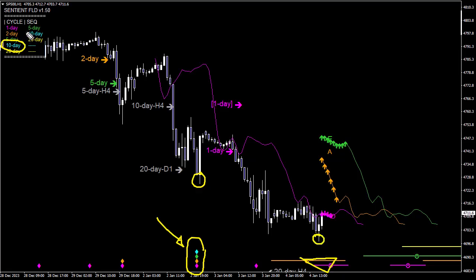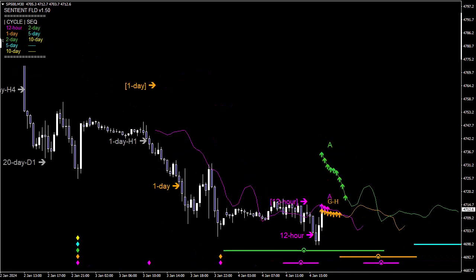That trough, as you can see from the table at the top of our chart, is a trough of the 2-day cycle. Stepping down to the 30-minute chart, you can see again the 10-day cycle trough over here. Note, of course, the change in colors because the cycles that are analyzed on the 30-minute chart are different. That yellow diamond represents the 10-day cycle trough. And here we have a rather straggly nest of lows for the green cycle, the sequence cycle, the 2-day cycle.